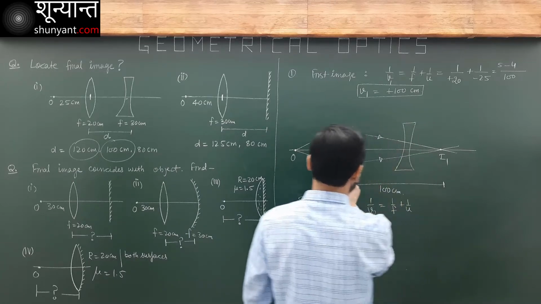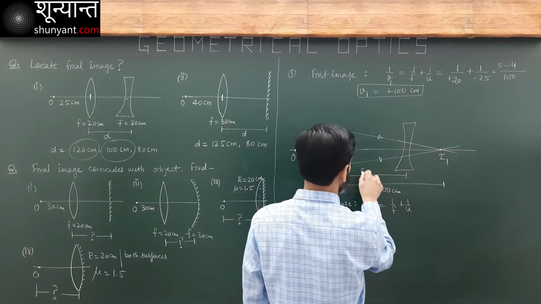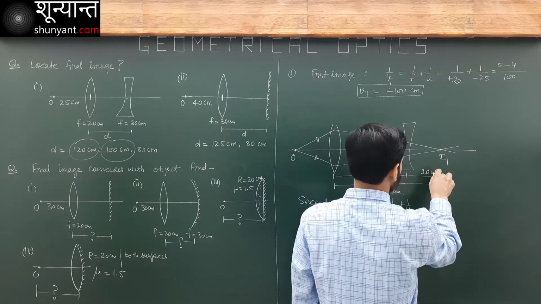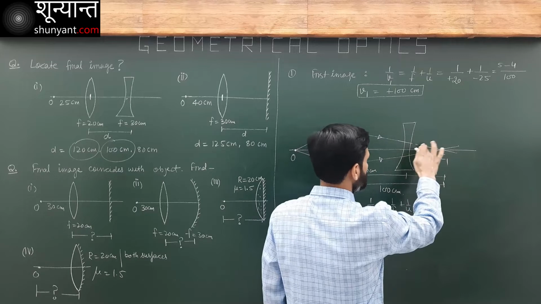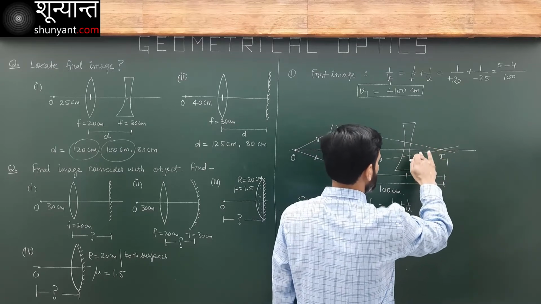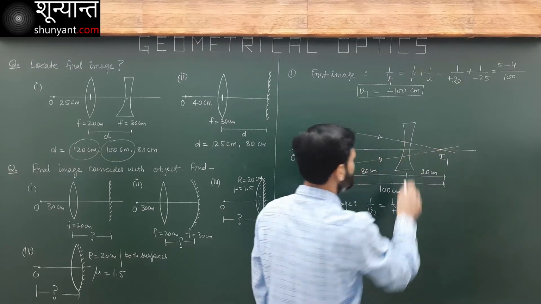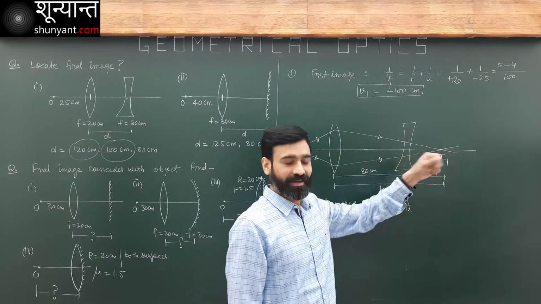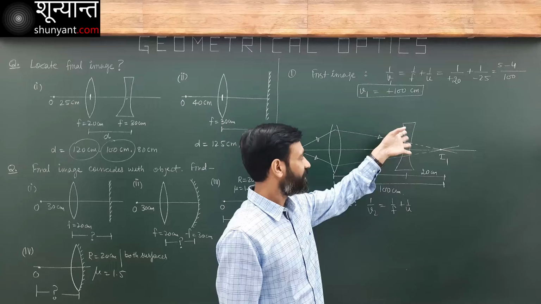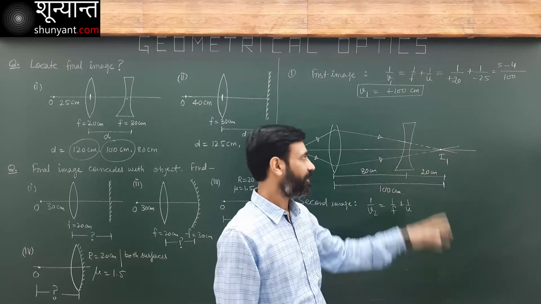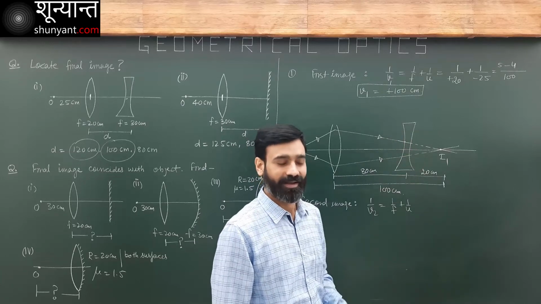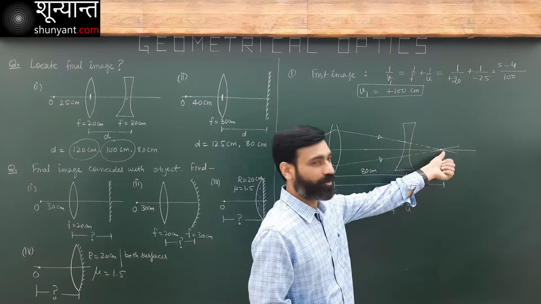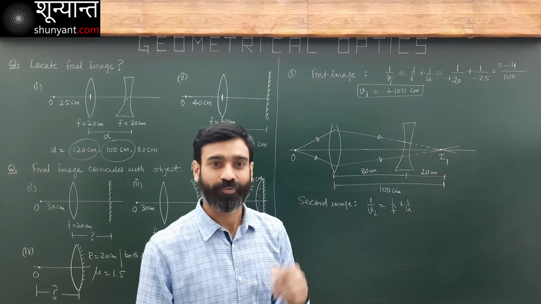This distance is 80 centimeter, so this will become 20 centimeter. That means the light rays cannot really reach here. This is the incident light. They are trying to go there, but they cannot because in between I have this lens intercepting the light rays. Now for this lens, this becomes an object. What type of object? A virtual object.